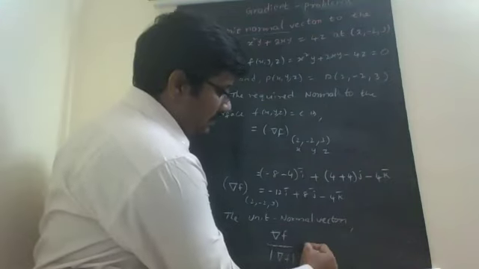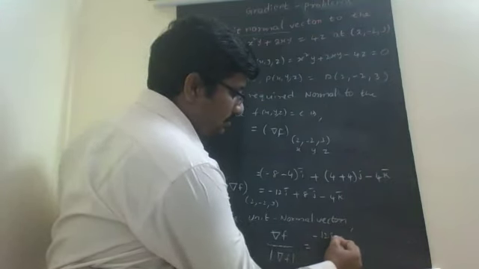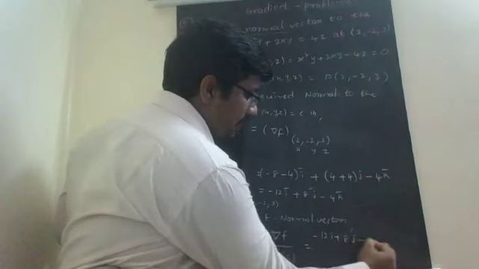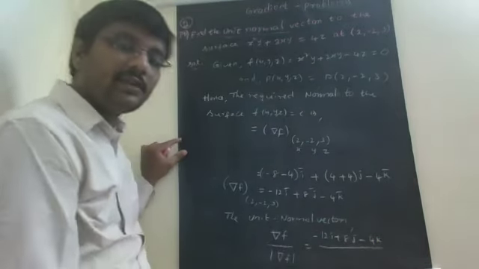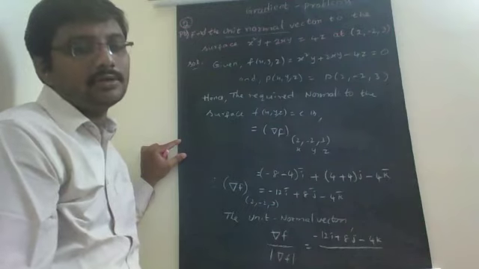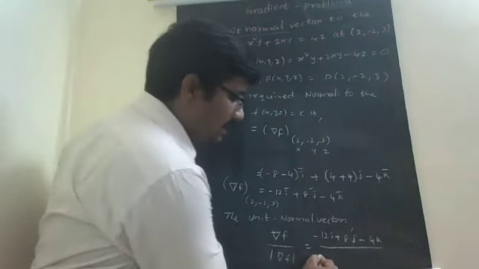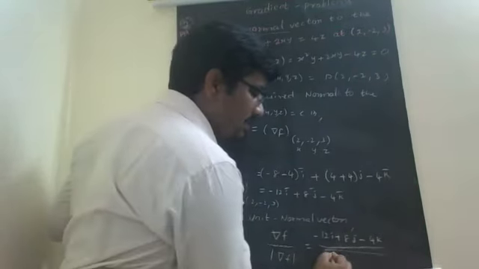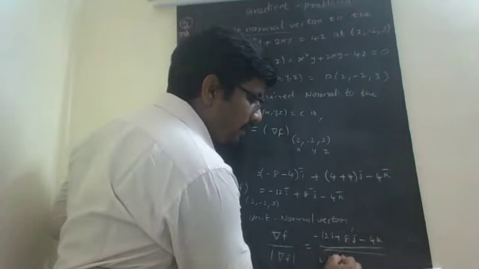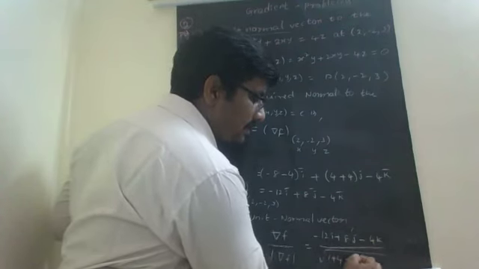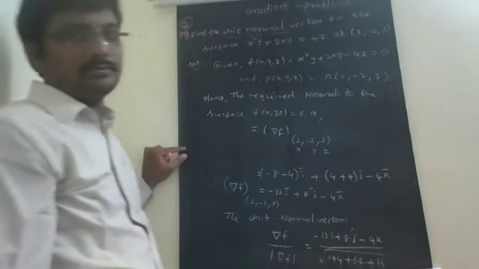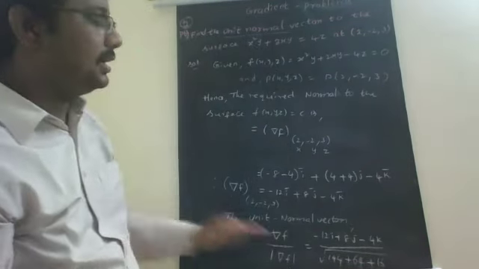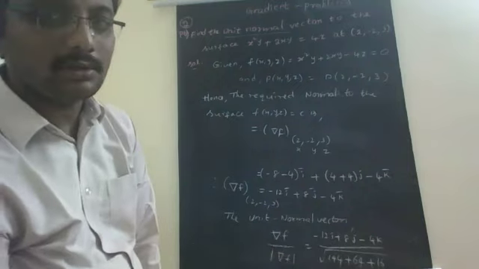So del f is minus 12i plus 8j minus 4k and modulus of del f. Modulus of del f means its magnitude. Magnitude is square root of minus 12 whole square 144, 8 square 64, minus 4 whole square 16. So it is the value of the unit normal to the surface.